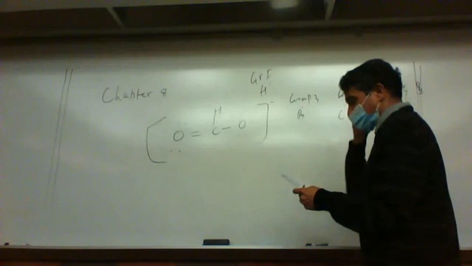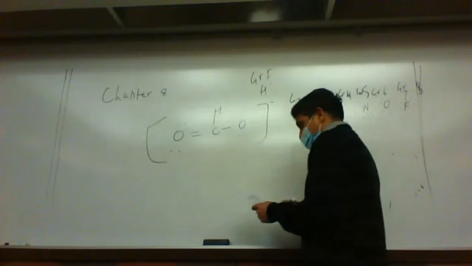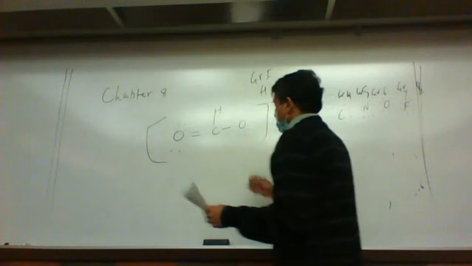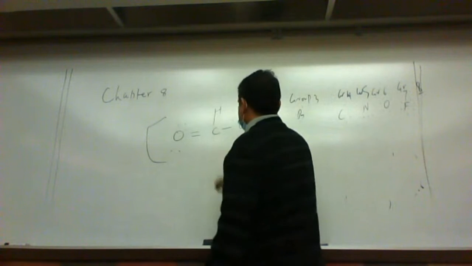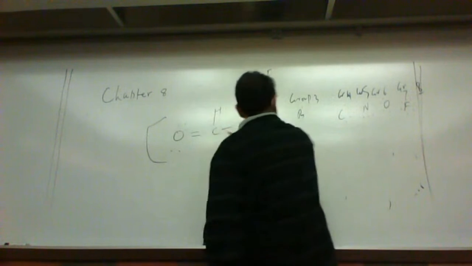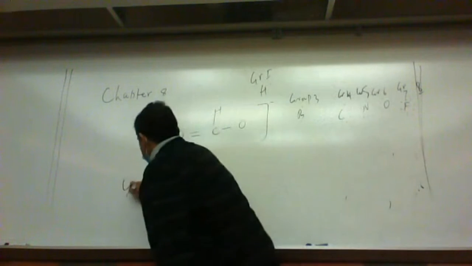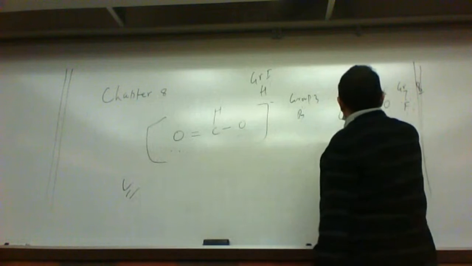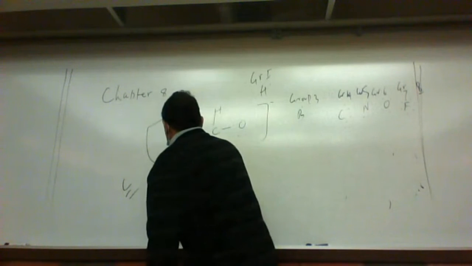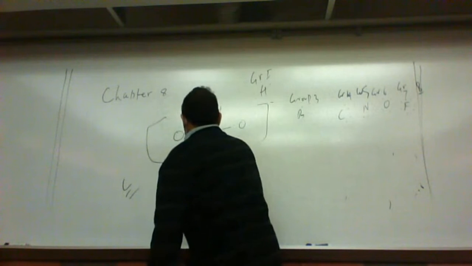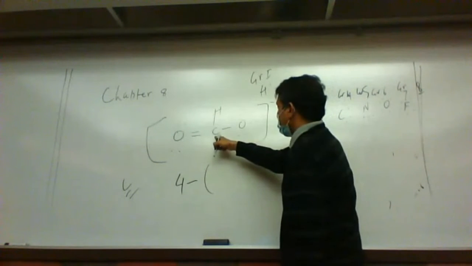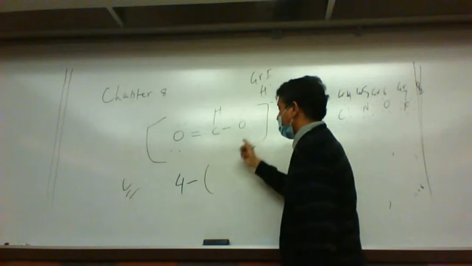The formal charge of the formate ion. So let's calculate first in oxygen, right? Let's calculate in carbon actually. So for carbon, carbon is group number 4, so 4 electrons. So formal charge would be 4 minus, and then how many lone pair with the carbon? There is no lone pair.